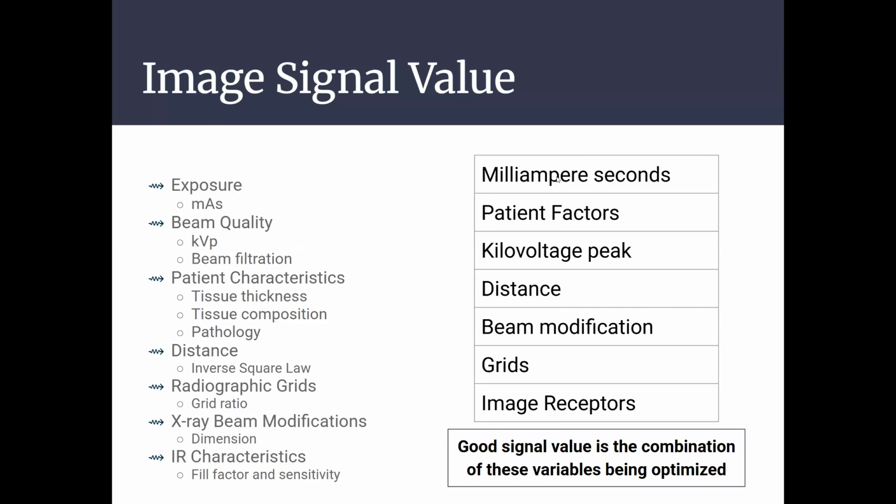But by reducing it, I have to either bump the milliamperage, and if that's not enough, I might have to change the kilovoltage, or I might need to decrease the distance, or maybe I want to make the image sharper, so I decrease the distance, but I still have to give the patient the same dose, so I need to up the mass. So you have to make these changes because you may choose to change some of the factors to improve one thing about the image and then make the adjustments to make sure that the patient still gets the right dose.